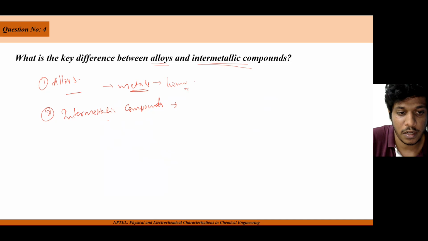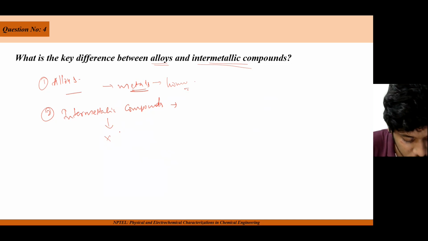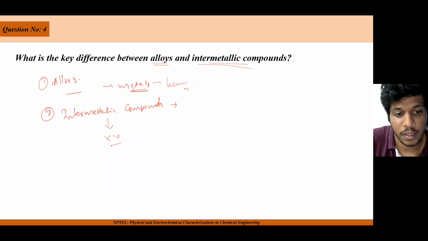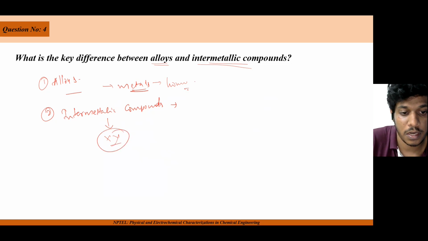For example, in an intermetallic compound, if there are two kinds of materials, say X and Y, they will be mixed in a proper stoichiometric manner.